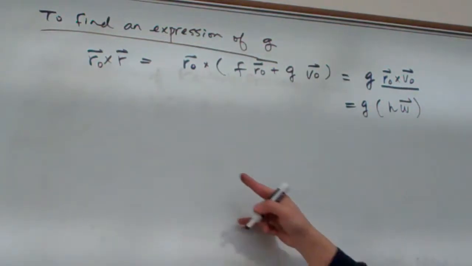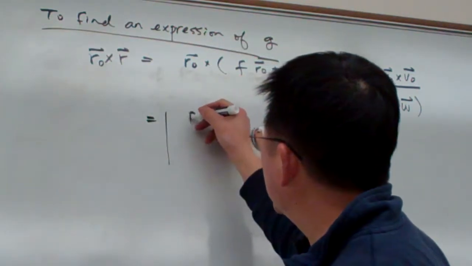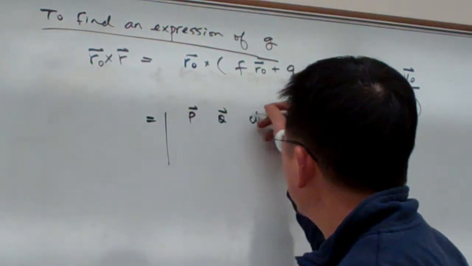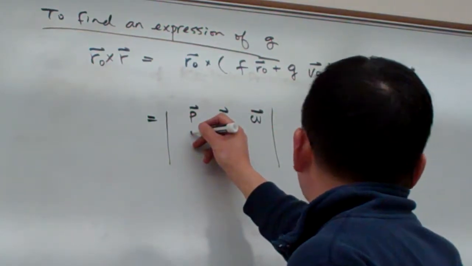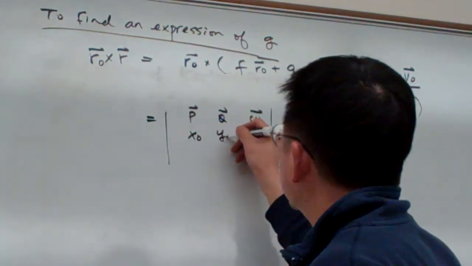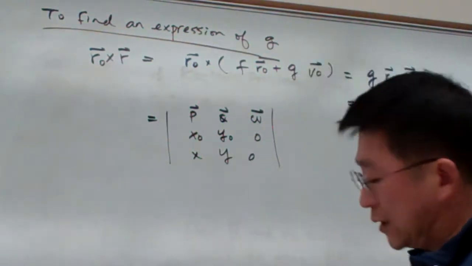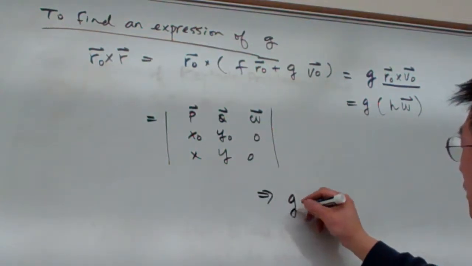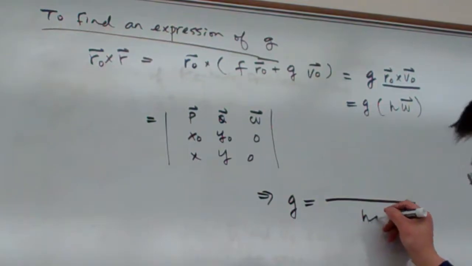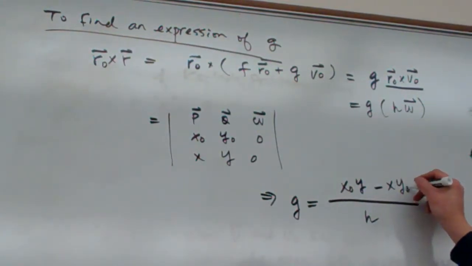Okay. So on the other side, we can implement the same way. So that is P, Q, W, and what is R0? X0, Y0, and R is X, Y. Okay? So we compare the whole things, so therefore you can quickly see G will be H(X0Y minus XY0).